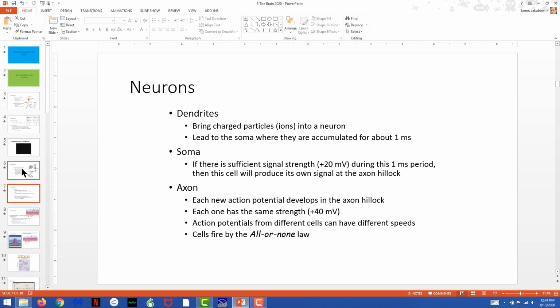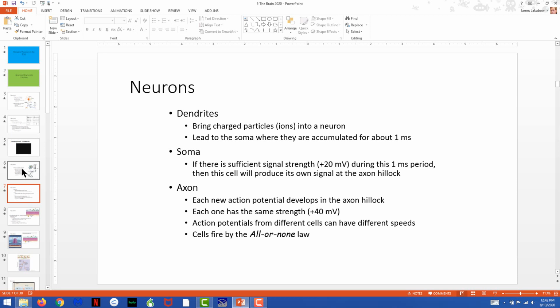One other way to make an action potential move more quickly is to increase the diameter of the axon. But that little tidbit of information is not in your manual, so I doubt it's going to wind up on your exam. But it might be something that you're curious about anyway, given your background in biology. So a larger diameter axon will make an action potential travel more rapidly down the axon itself.